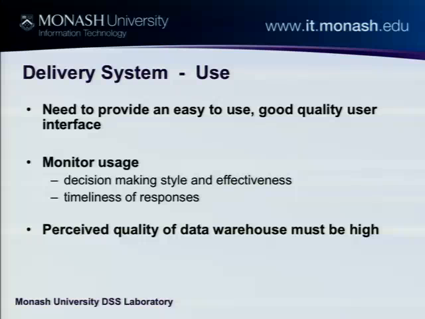This is why we teach you about decision making, cognitive psychology and things like that. But if you don't understand that process, then how can you possibly design an IT system to support that process and improve it? So it's really key to maintain that focus on decision making style and effectiveness, and recognising that different people have different decision making styles. So this kind of idea of one size fits all just doesn't happen in organisations.